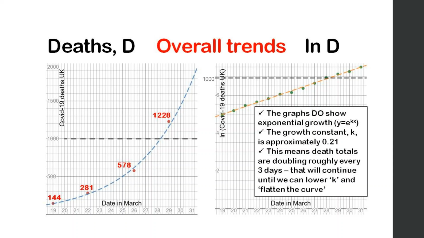Now, what does that number mean? It means that the totals are doubling roughly every 3 days, as you can see in the data on the left. And that is going to continue in that way unless we can lower that value of K. In other words, we can start to flatten the curve so that the numbers aren't increasing quite as rapidly as they are at the moment, doubling every 3 to 4 days.